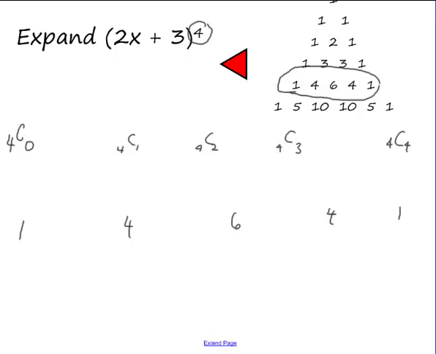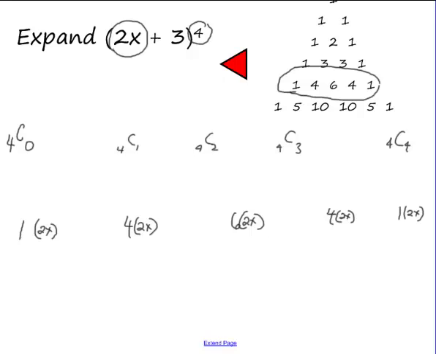So my x in this case happens to be 2x. 2x, 2x, 2x, 2x, and 2x.